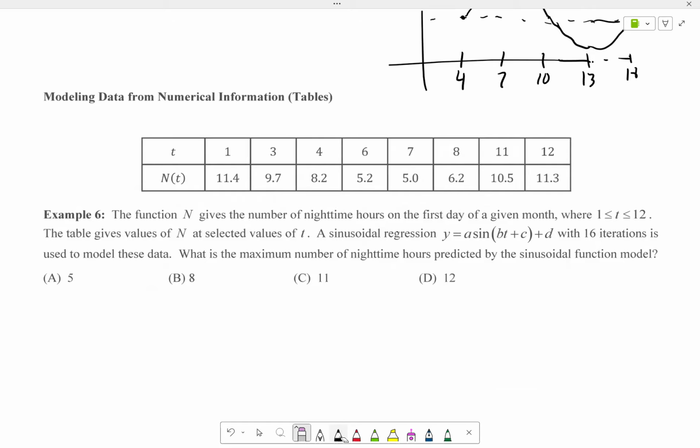Would the period be 12 for this? Is it asking for the period? Yeah, that's a leap period. All right, there you go. These are really key.